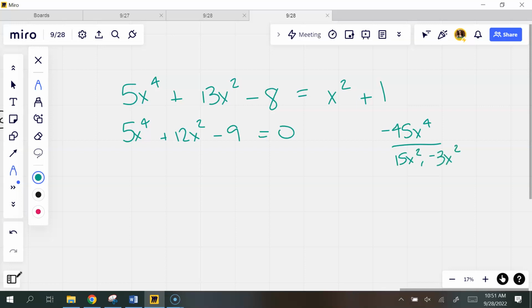Yeah, I see what it is. Quadratic form. It's not a quadratic, but it is quadratic form. I should get 4 answers here.